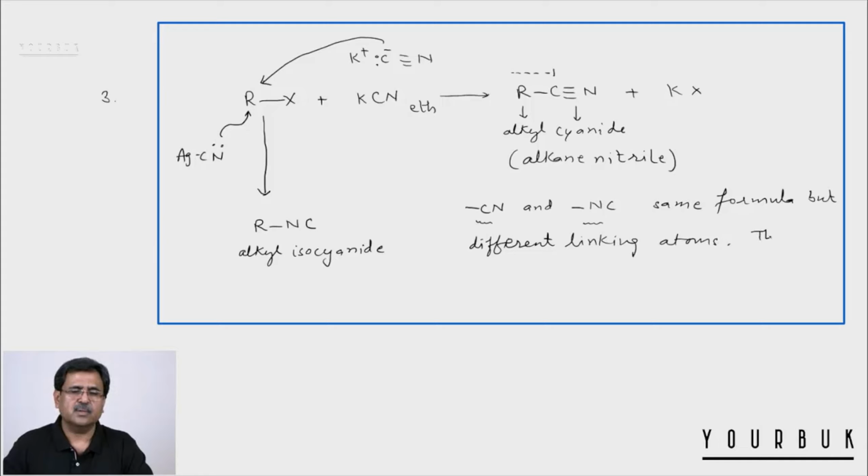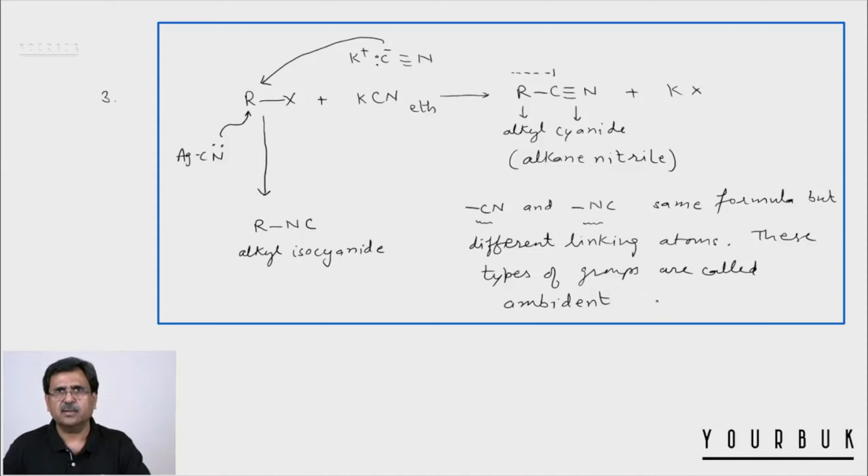And these types of groups are called ambident nucleophiles, or ambident groups. So NC and CN minus are examples of ambident nucleophiles.